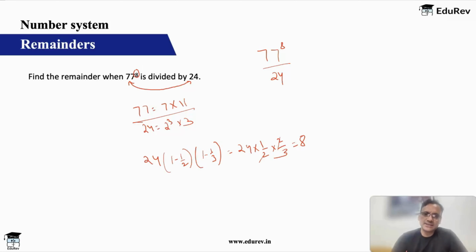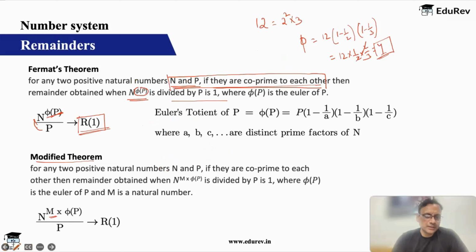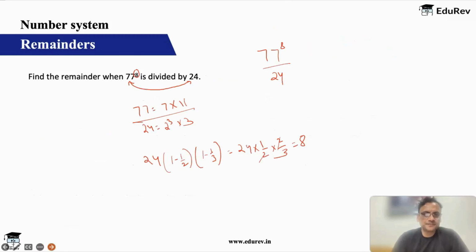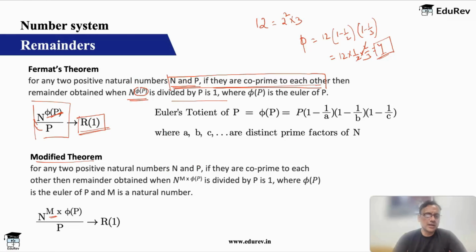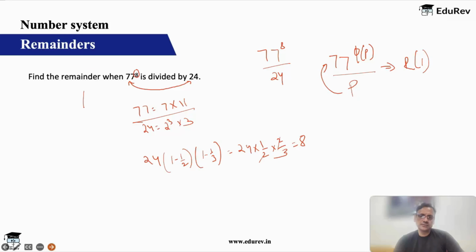Remember, n to the power Euler's totient of p divided by p, and p and n should be co-prime. All conditions satisfied, then straight away your remainder is 1. So the answer is 1. You don't have to do anything if it falls in the format. As simple as that, and that is your answer.